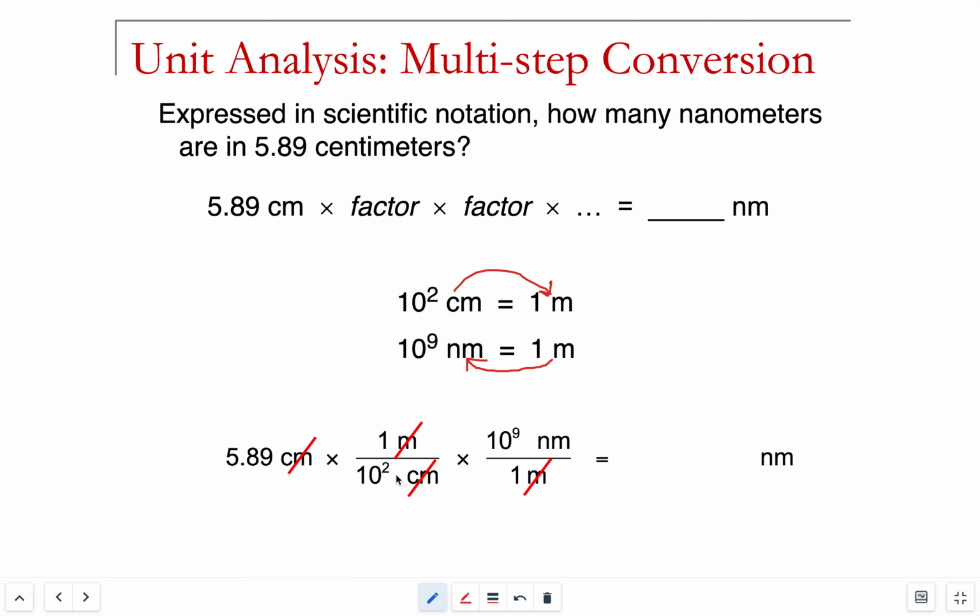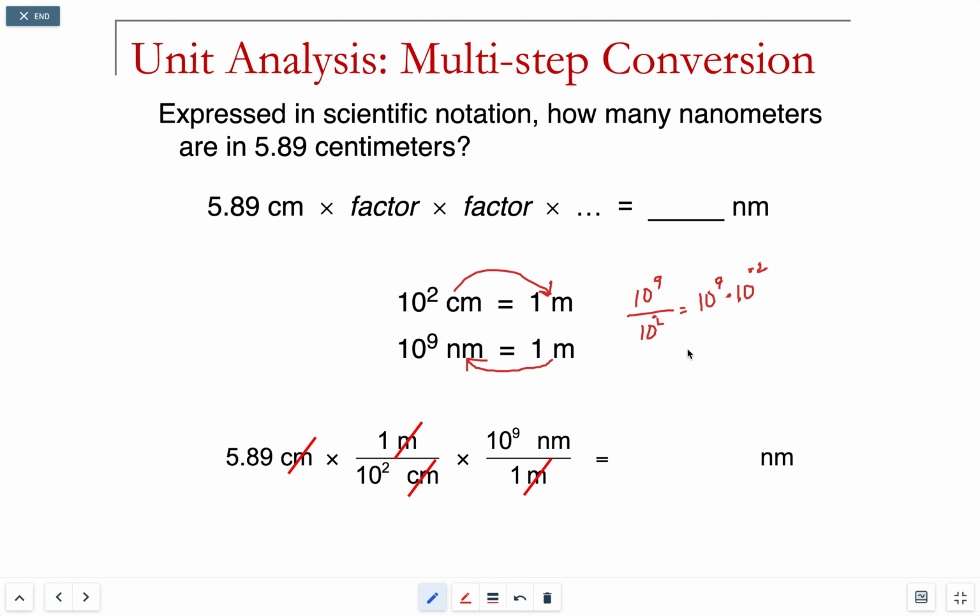So using the product rule in the law of exponents, 10 to the 9th divided by 10 to the 2nd power is the same thing as 10 to the 9th times 10 to the minus 2.